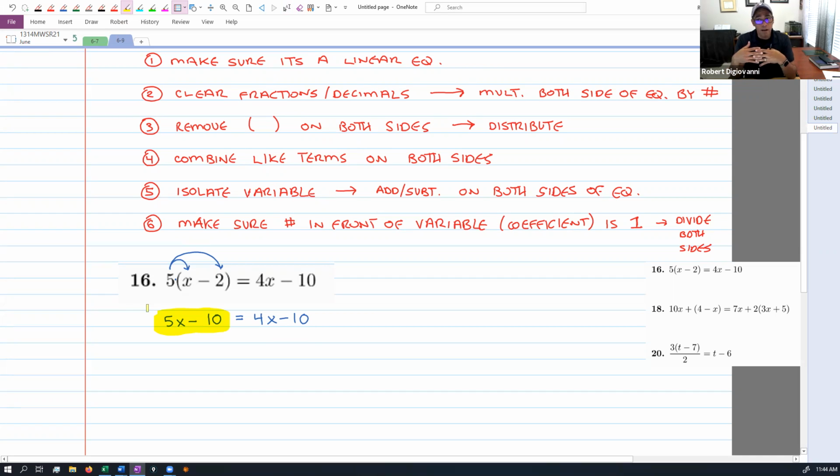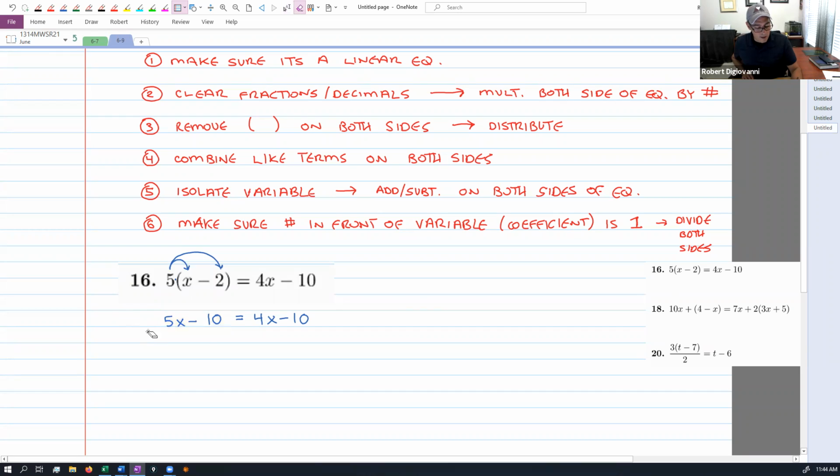No, right? That's because they're not like terms. If we had maybe a 2x added, then you could combine the 2x and 5x together and make it a 7x, right? Or if I had more numbers over here, I could combine those together. But we can't because they're not like terms.